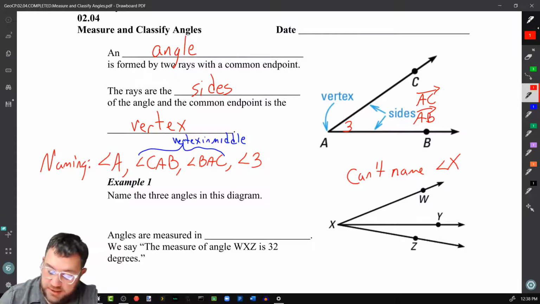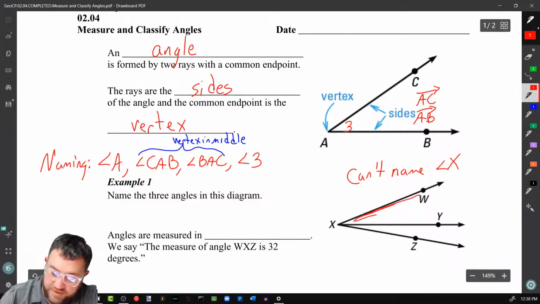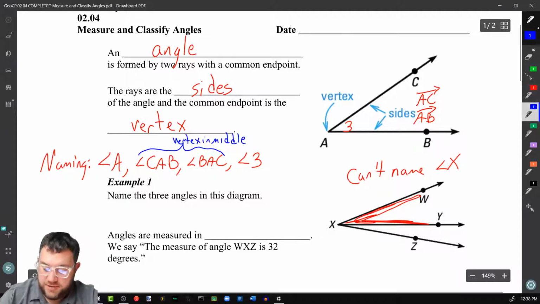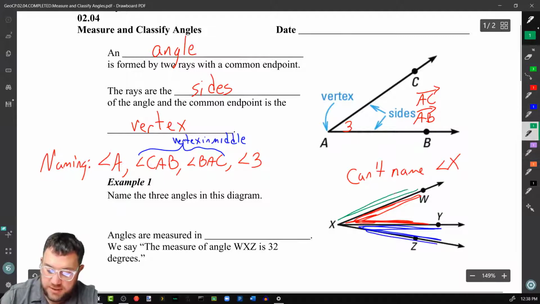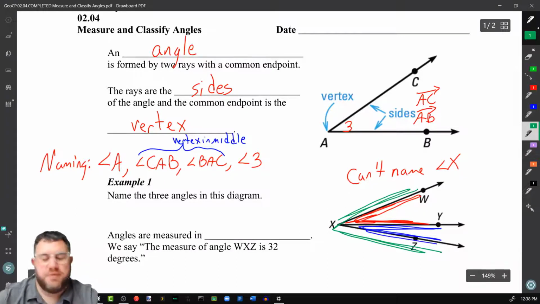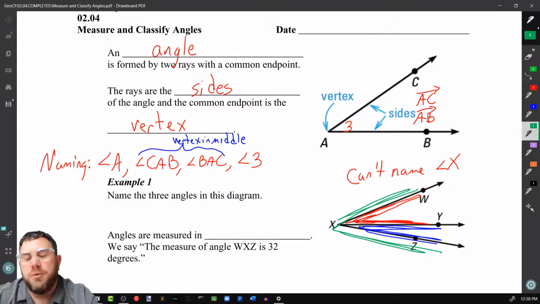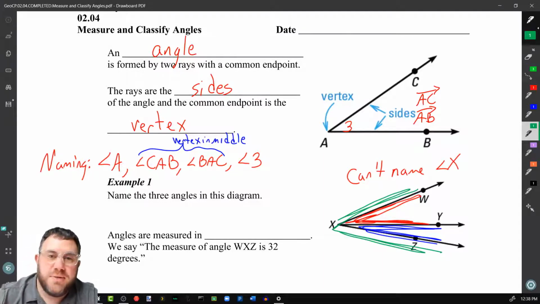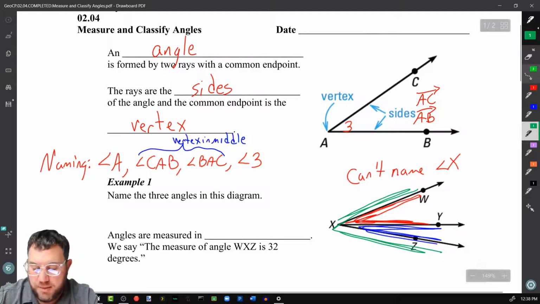So if we look at this figure, I've got an angle here that has X as a vertex. I've got an angle down here that has X as a vertex. And I've got this big angle that has X as a vertex. So all of those have X as a vertex. So if I write angle X, I don't know which one I'm talking about.